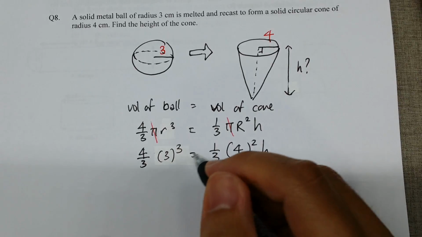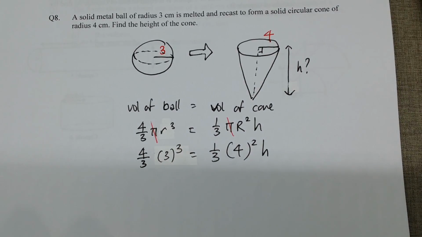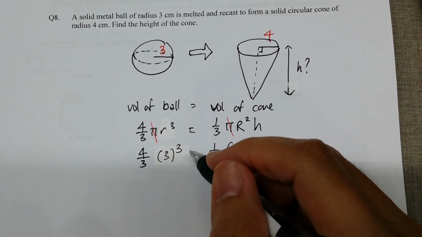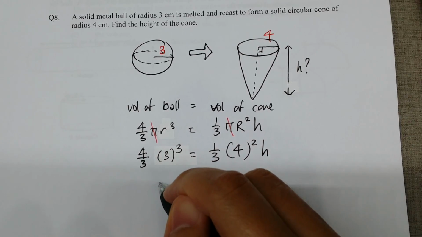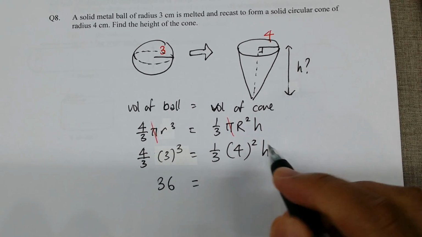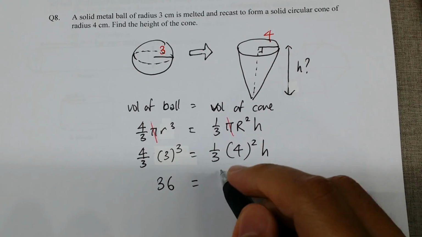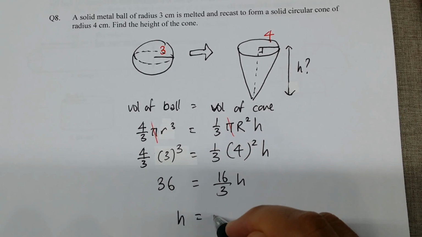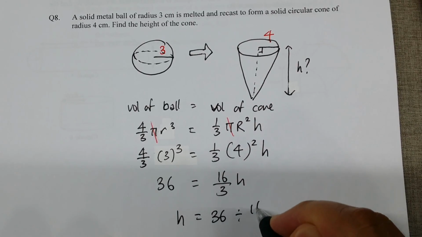Height. Evaluate properly, please. So 4 times 9 divided by 3... What did I get here? What happened? This is 36. Here, 16/3 H. So H will be 36 divided by 16/3, right?